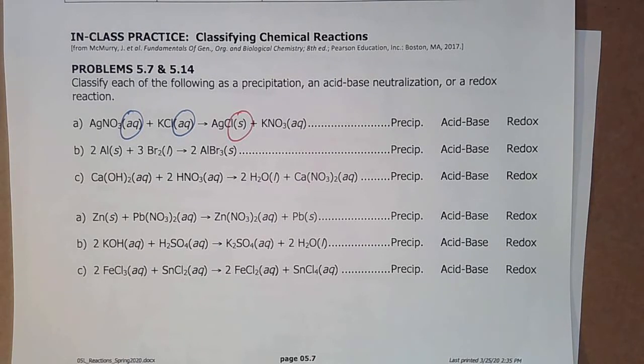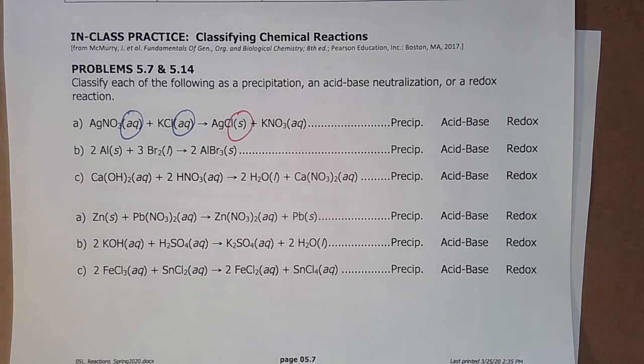Then restart the video and come back and you can see the answers that I'm going to provide. Or you can go to your book and look at page 5.7, 5.14 in the back, in the appendix in your book, and the answer's there. Okay, pause the video, try these, then restart it, and I'll go through the answers.